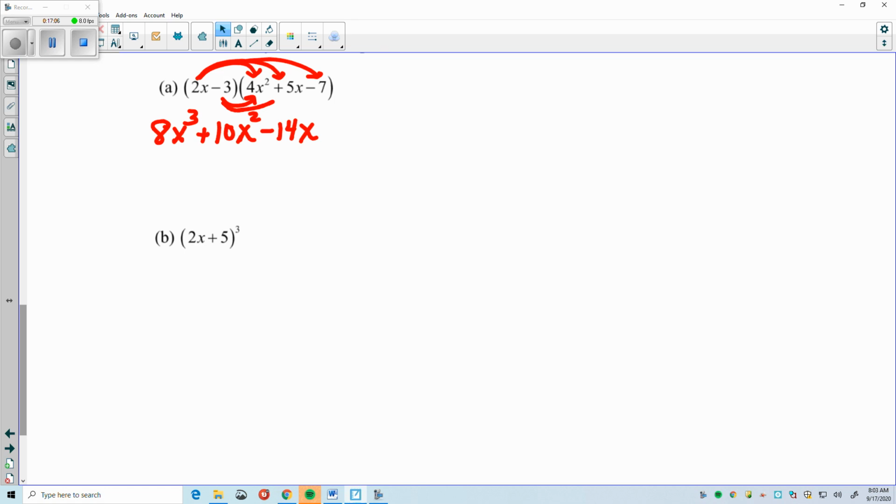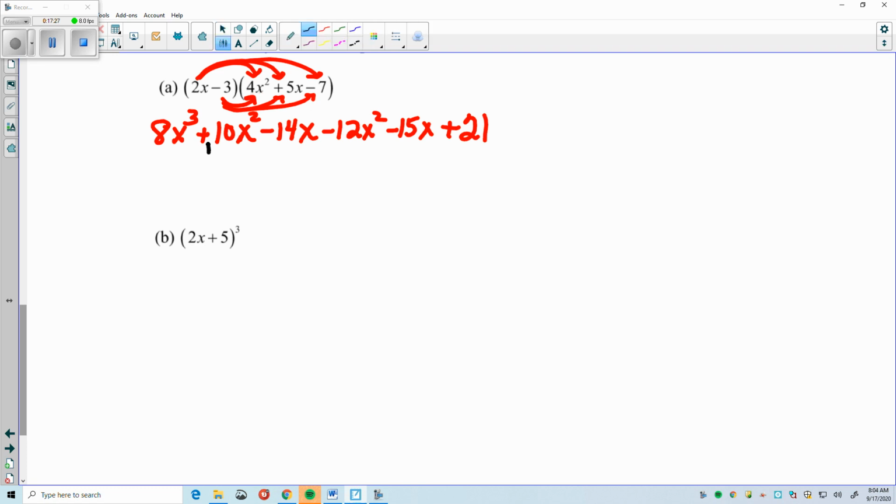Negative 3 goes to each of these terms. Okay, so negative 3 times a positive 4x squared is a negative 12x squared. Negative 3 times 5x, I get a negative 15x. And a negative 3 times a negative 7 is a positive 21.